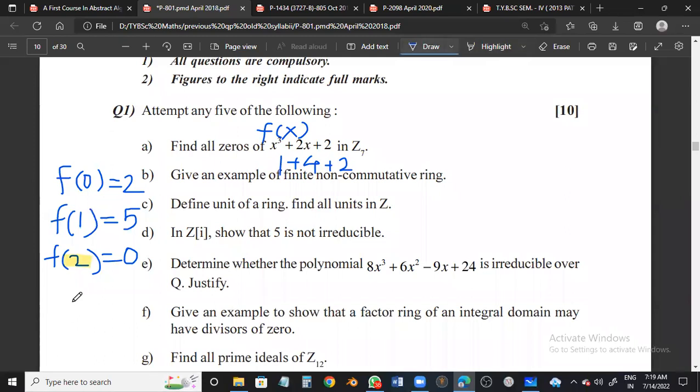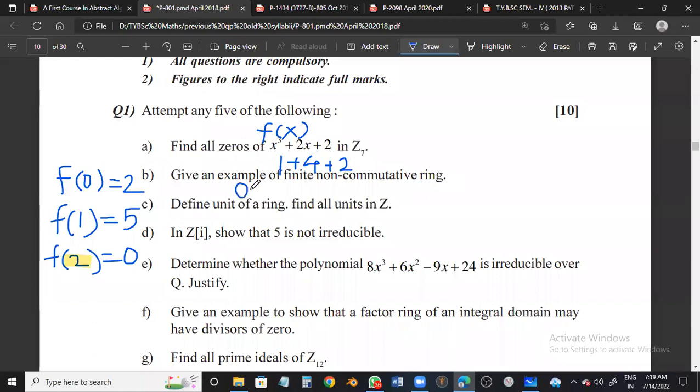Followed? Okay. Hello, ma'am. How to write this as the answer? Yeah, in the similar way only. What we'll do is we will tabulate this. Either you tabulate or just every time go on saying, taking x equal to 0, we get f of 0 equal to 2.